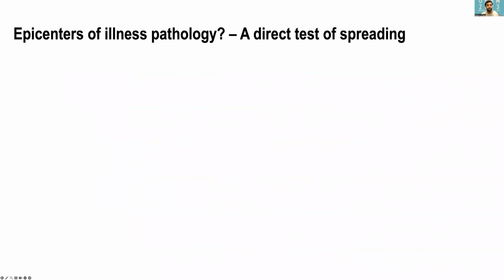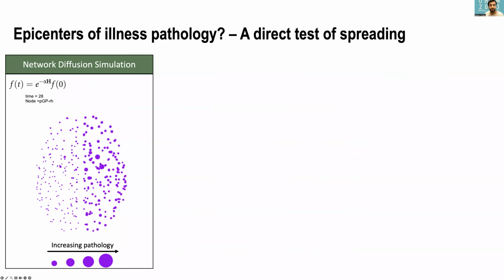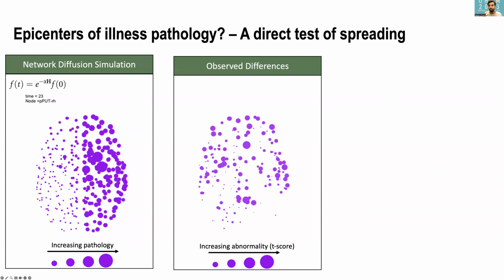But today I'm going to show you some results for some simulation modeling where we directly test the spreading hypothesis. To simulate the spread of pathology and identify potential epicenters where pathology may start, we use the network diffusion model, which is essentially the classic heat diffusion equation unfolded on a normative structural connectome. And here we sequentially seed pathology at each brain region and allow it to spread along the connections.